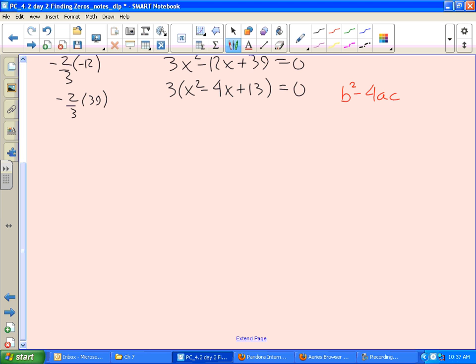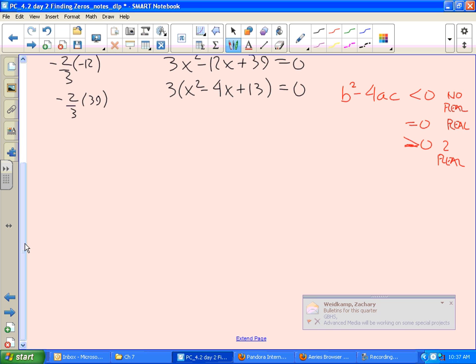If this thing is less than 0, there's no real root. If it equals 0, there's one real root. And if it's greater than 0, there are 2 real roots. So very quickly we can tell.